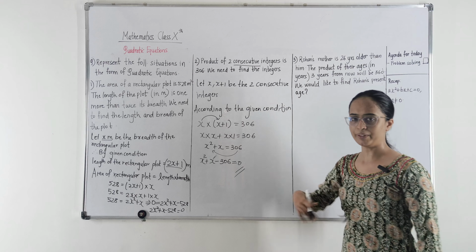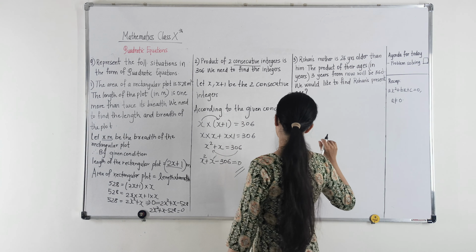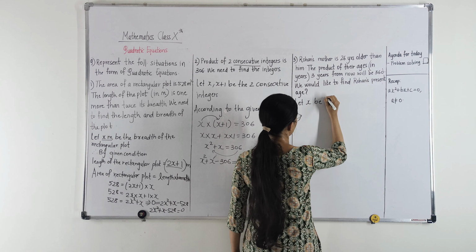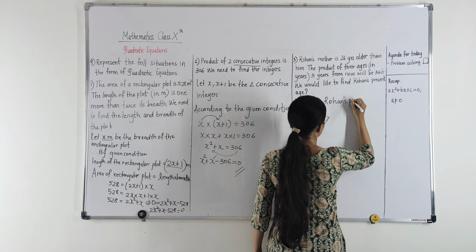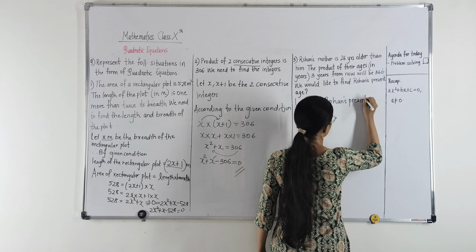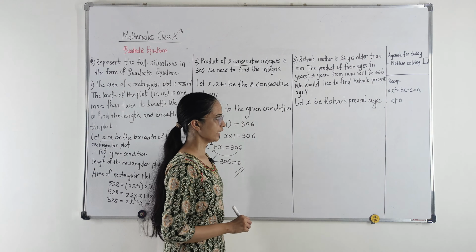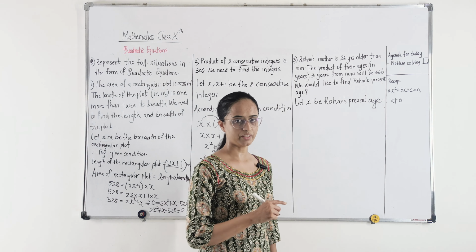I will tell you what I want to tell about the other two problems, but let us first finish this problem. So we take let x be Rohan's present age. Now if x is Rohan's present age, then there would be something given with respect to his mother's age.